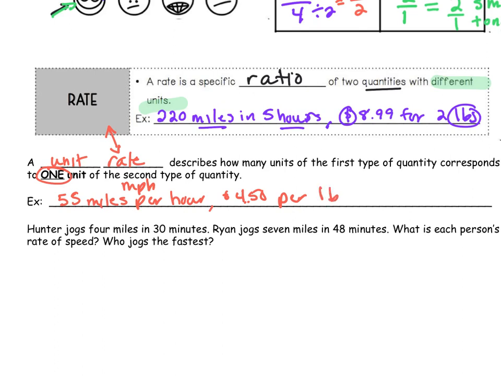So if we say per hour or per pound, the implication is that we're talking about one. You've also probably heard of miles per gallon. Cars like to tout how many miles per gallon their car gets on car commercials. For instance, 24 miles per gallon. That's an abbreviation. All of which are unit rates.